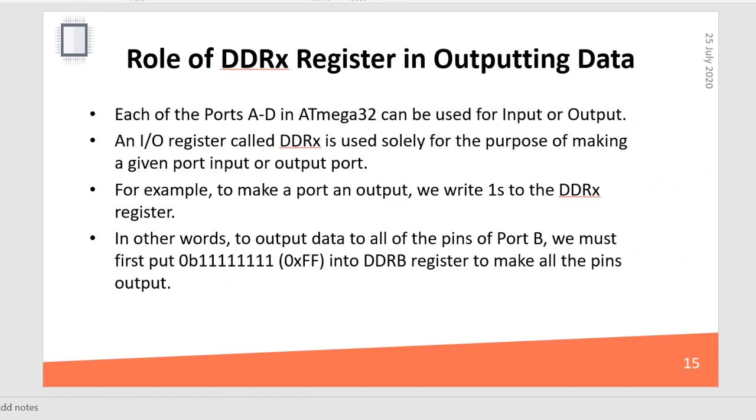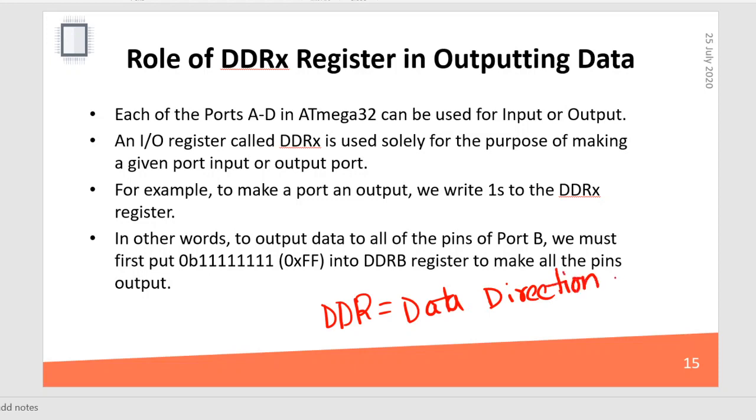We will be using a register called DDR to declare a port as input or output. So this is written here, the functions and the way you will declare a port as input or output. The full form of DDR is data direction register.